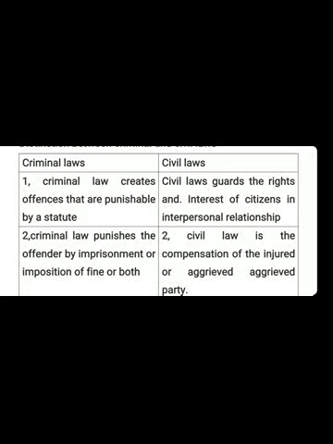Criminal law punishes the offender by imprisonment or imposition of fine, or both imprisonment and fine, while civil law compensates the injured or aggrieved party.